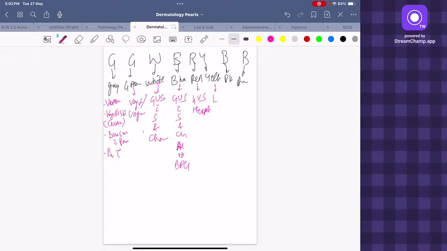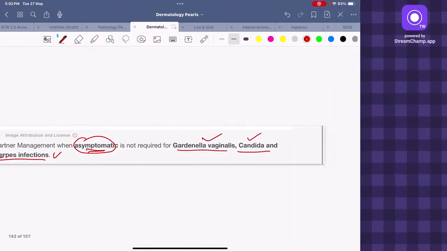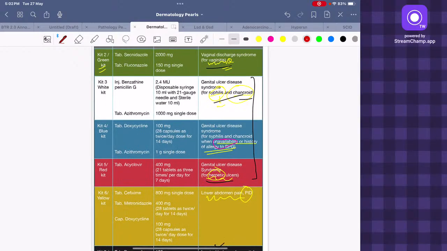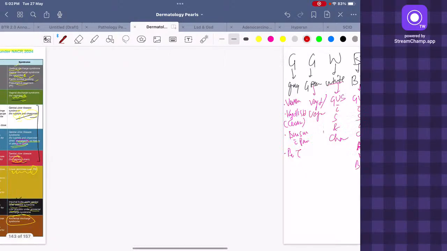Yellow is for lower abdominal pain and pelvic inflammatory disease. Black is for inguinal bubo under genital ulcer syndrome and proctitis of LGV. This is important to remember, proctitis of LGV. Brown is for anorectal discharge syndrome. Right? Now we have to remember the drugs. पहले तो इसकी ड्रग्स याद करनी है हमने बेसिकली इसकी.